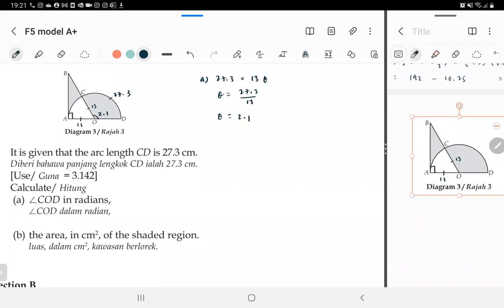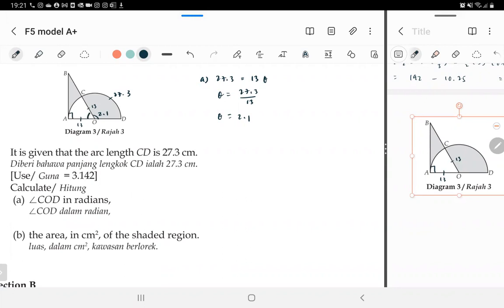Sector of COD, that one I can get the area. But the triangular part, how? You use the triangle to minus the sector. Yeah, but how to find the triangle?